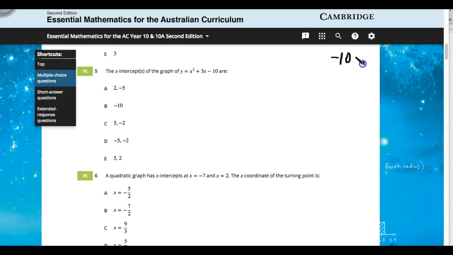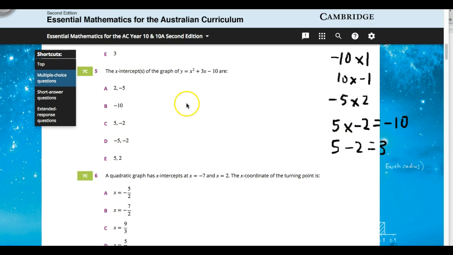So we can have negative 10 times 1 or 10 times negative 1. But when we add these numbers together, we don't get 3. So let's try negative 5 times 2. Negative 5 plus 2 gives us negative 3, so it's going to be 5 times negative 2. That gives us negative 10, and 5 minus 2 gives us positive 3, which is what we want.